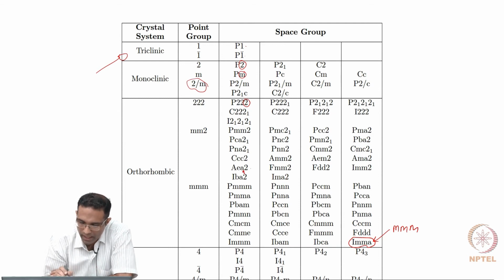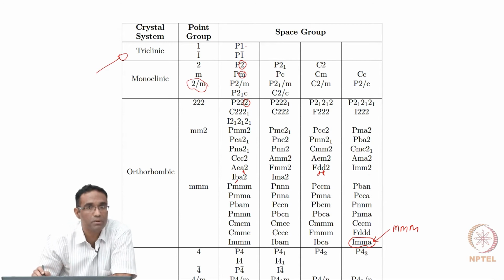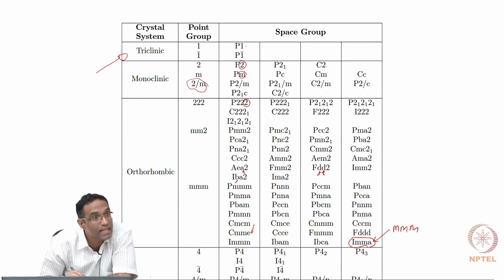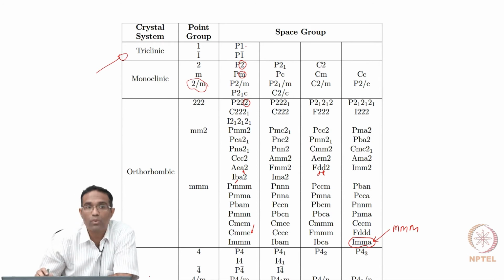We have seen the A glide, we have seen B glides, we have seen some D glides, right? We have seen examples of D glides in one of our slides. We have not seen examples of E glides, which are also possible. I will let you figure out what that is.